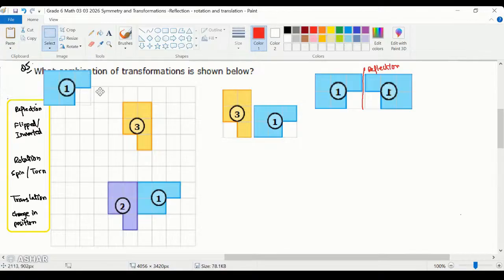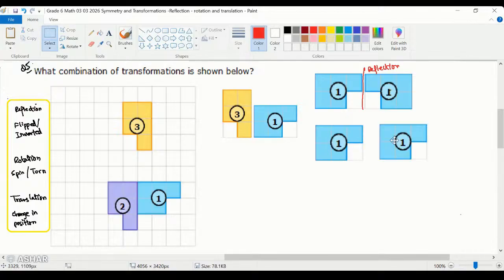So if we take the shape again, let's rotate this time, and if we rotate it, let's suppose right towards 90, this shape becomes something like this.